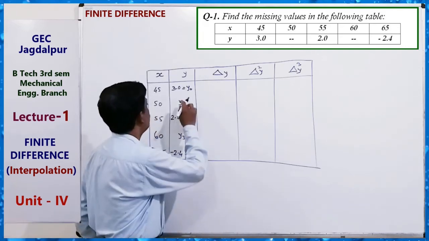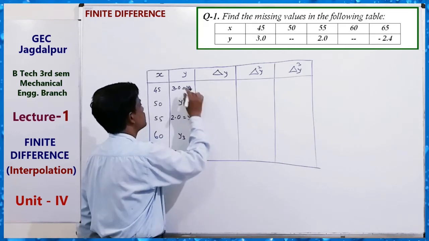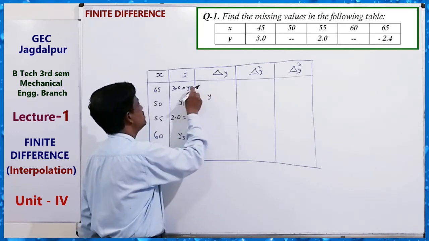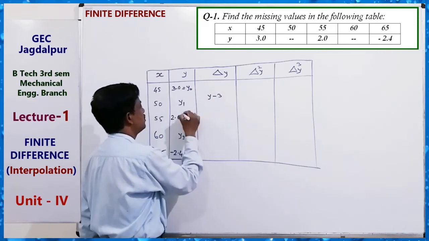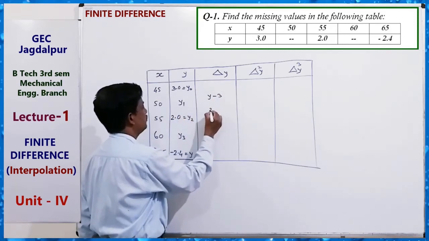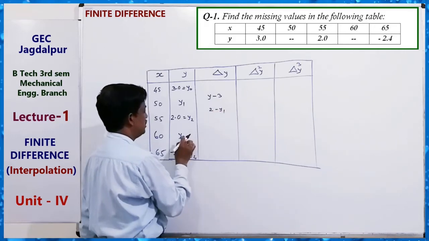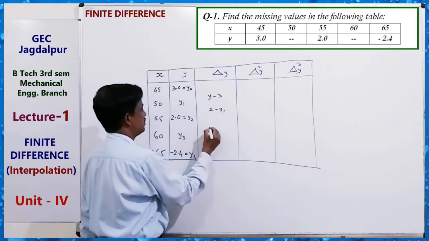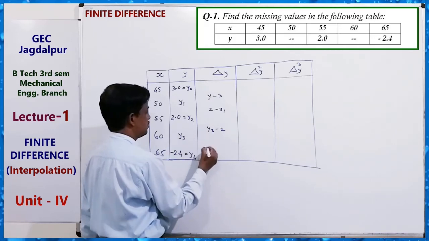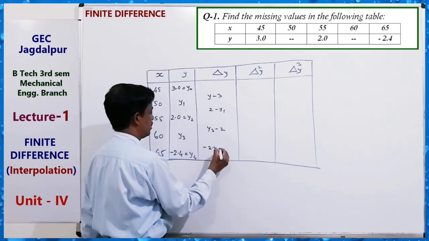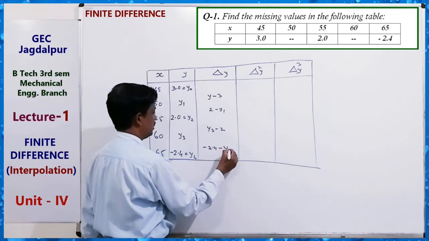So the first differences: y1 minus y0, this is y1 minus 3, and here 2 minus y1, here y3 minus 2, here y4 minus y3, that is minus 2.4 minus y3.